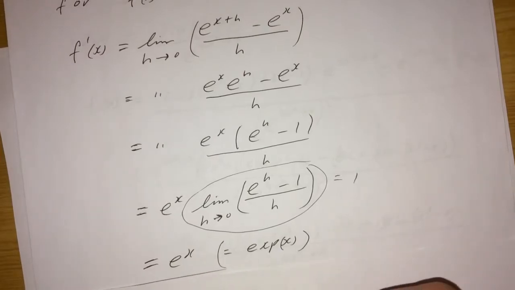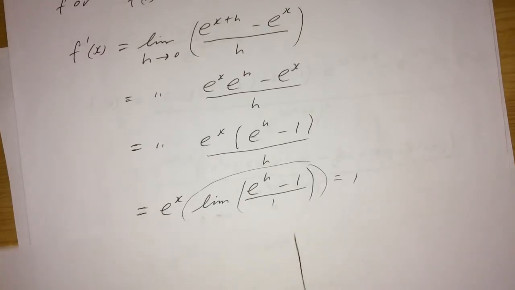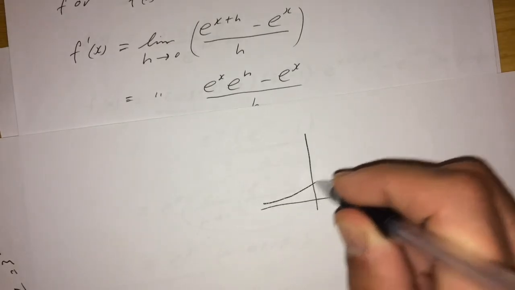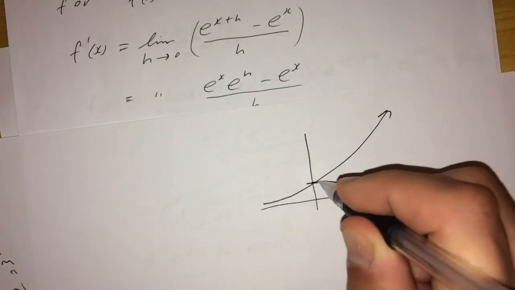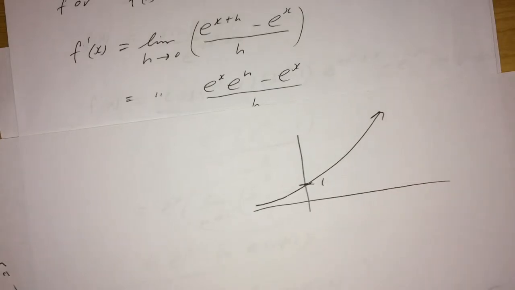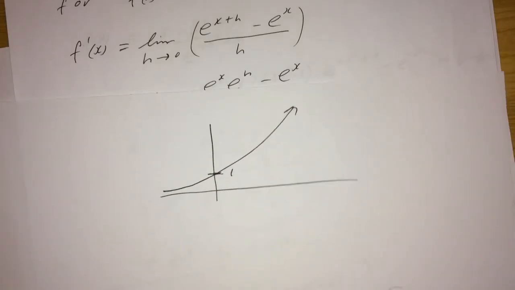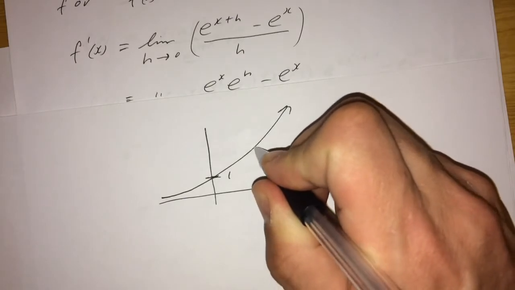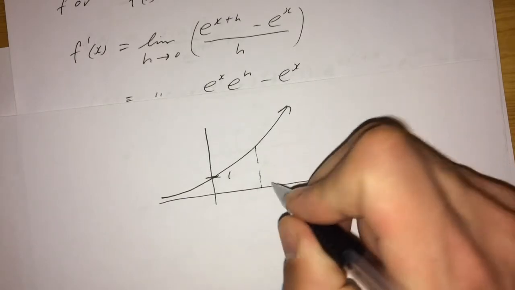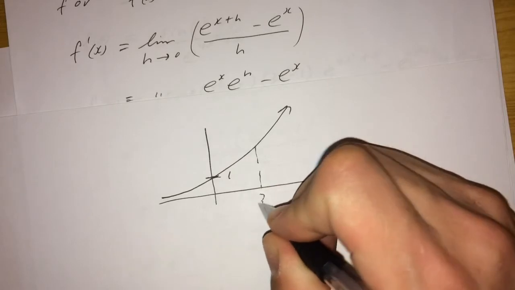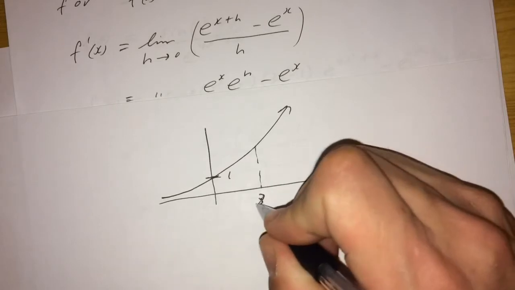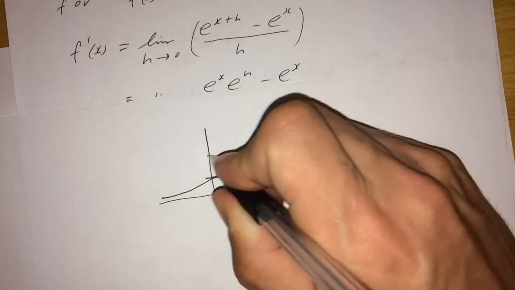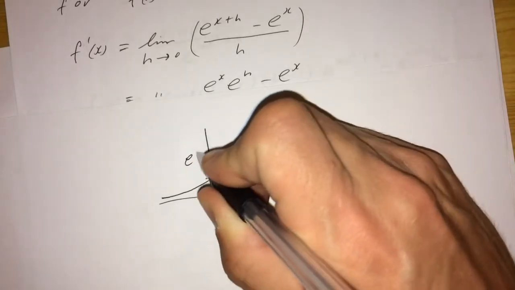When you look at an exponential function, it goes like that, and it always goes through 1. If you look at the value at, say, 3, e to the 3 is some y value.